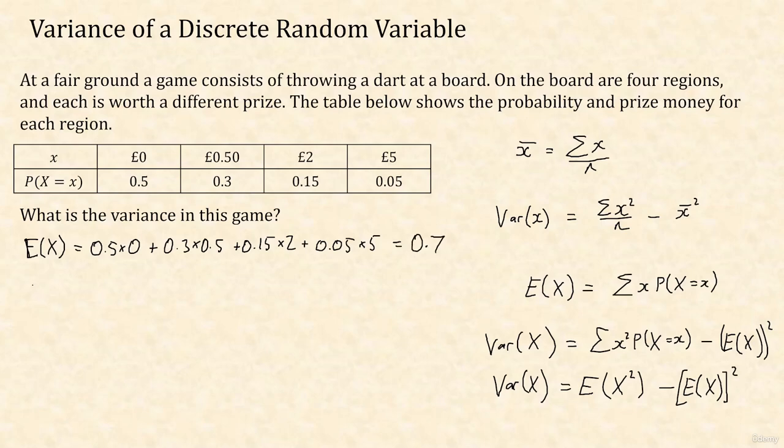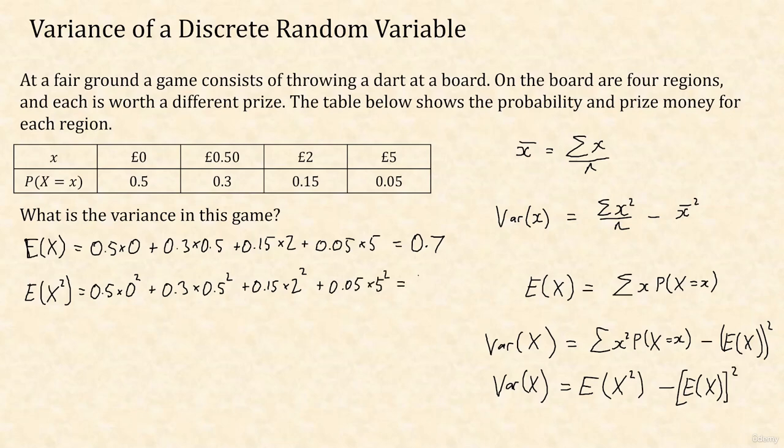Now, the other ingredient we're going to need is the expected square, so E of X squared. That is simply going to be each of these, but it's the probability multiplied by the outcome squared. So we don't square the probabilities, just the outcomes. So 0.3 times 0.5 squared, and then 0.15 times the outcome of 2 squared, plus 0.05 times the outcome of 5 squared.